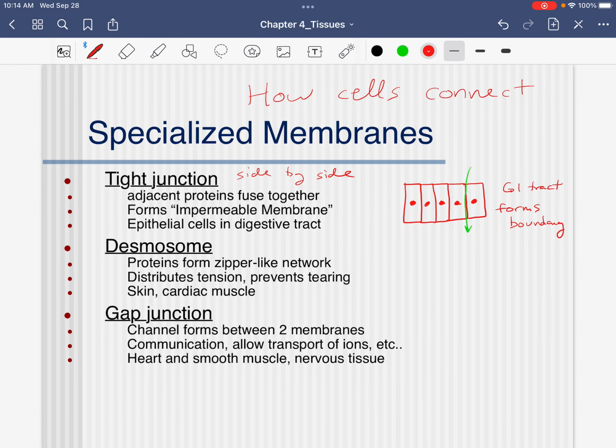If we were going to continue with definitions, the cells are very close in fact, but have a small space in between, and that small space is filled with protein. Space filled with proteins.